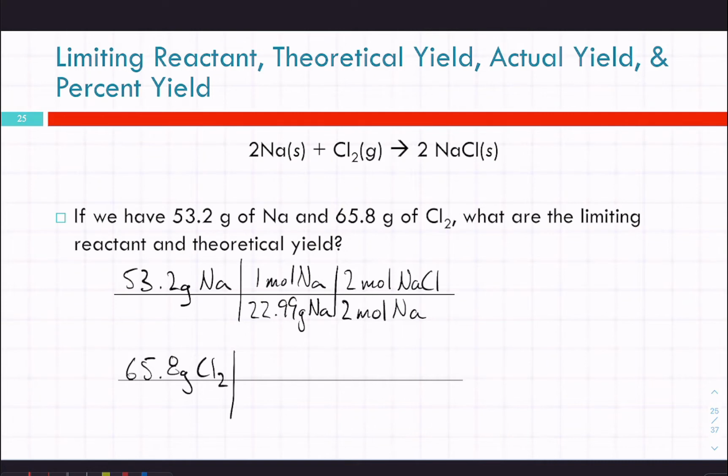We do 53.2. We can skip the times 2, that 2 to 2 ratio, because it is 2 divided by 2, so that'll be 1. So it's going to be 53.2 divided by 22.99. And we'll get 2.31 moles of sodium chloride.